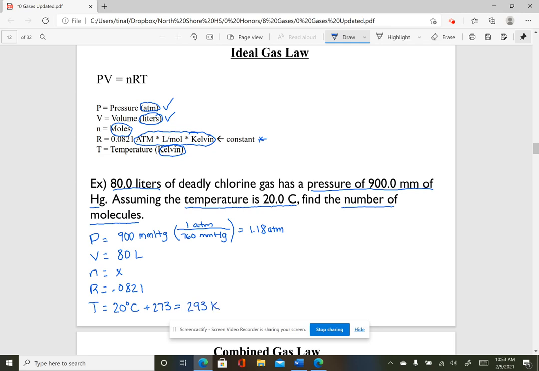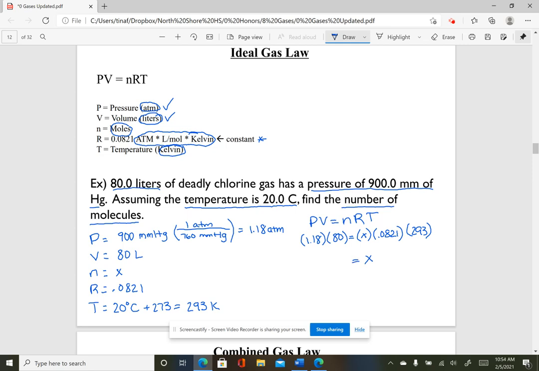Okay, so now let's go to my equation. PV equals nRT. Pressure is 1.18, volume's 80, and n I don't know, R is 0.0821, and T is 293. So to get n by itself, I want to divide.